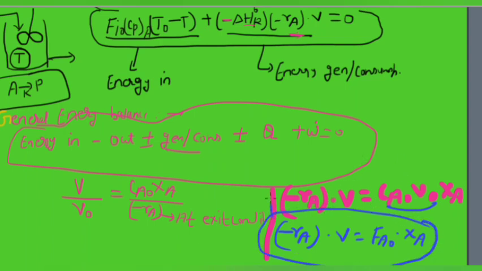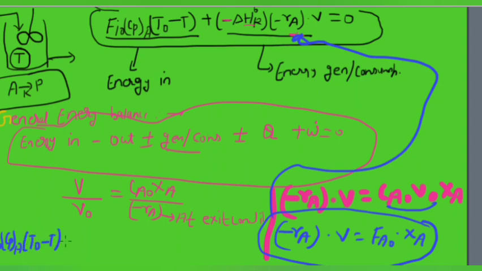Now if you substitute this term in this derivation, then what will you get? FA naught Cp of A into T naught minus T, plus minus of delta H naught of R and minus RA into V, which we have calculated from the material balance.